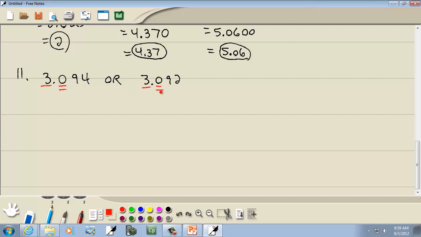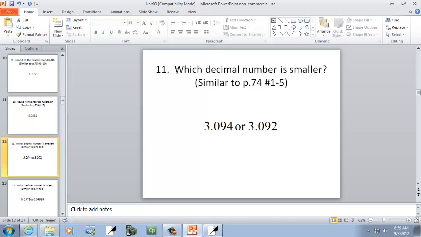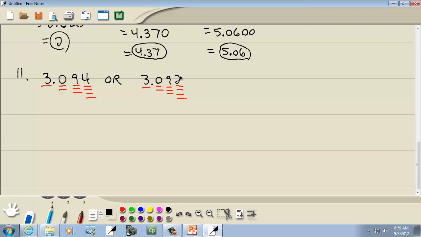They're the same, so we can't tell anything about that. And then we go to the next one, and those are the same, so we still can't tell anything. Then we go to our next digit, and they're not the same. And you notice that we got a 4 here and 2 here, and the question is which number is smaller? Well, the one with the smaller number is smaller, so 3.092 will be our answer.